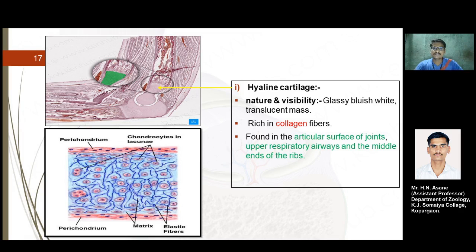These hyaline cartilages are also found in the upper respiratory airways, that is part of the respiratory system.